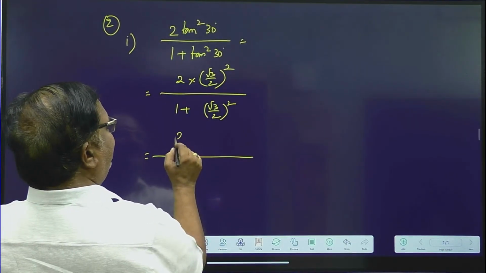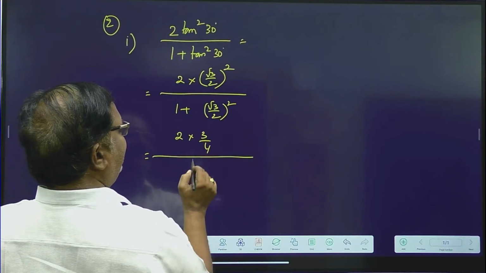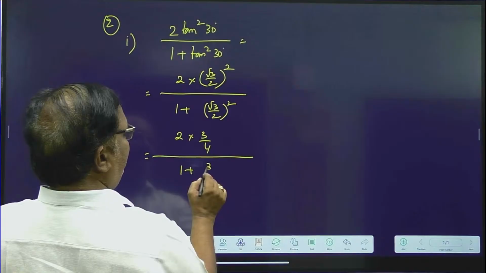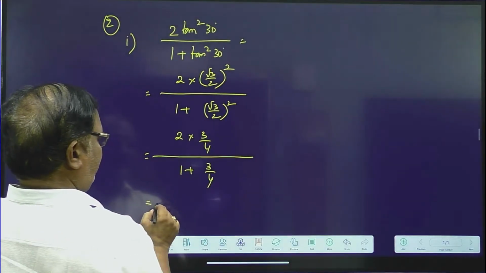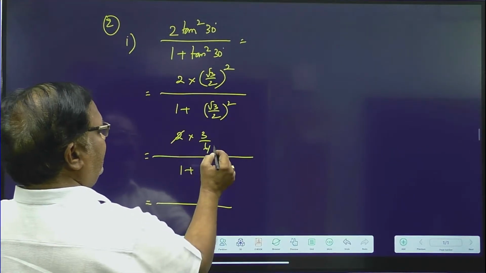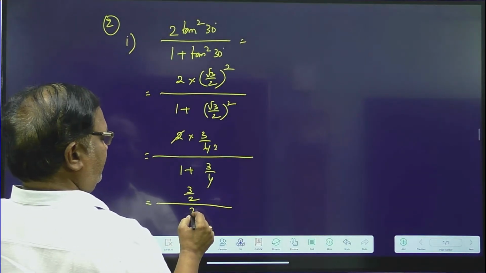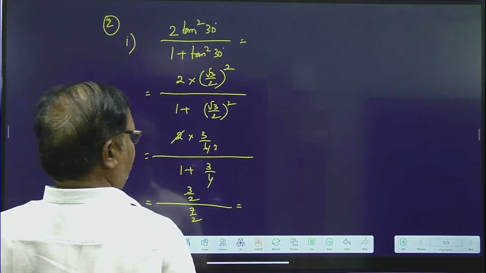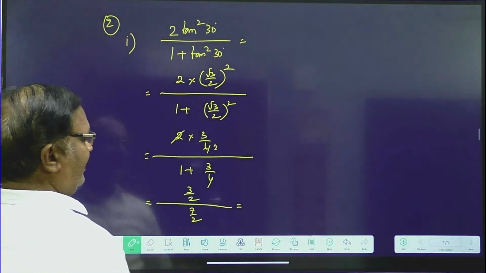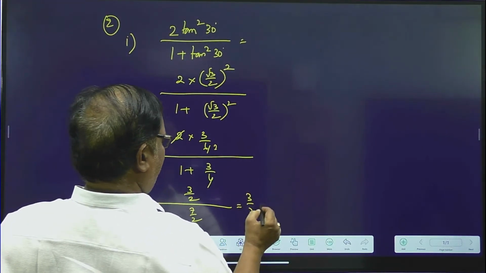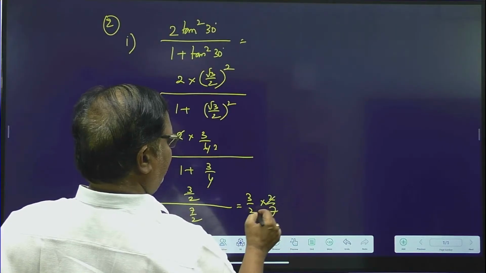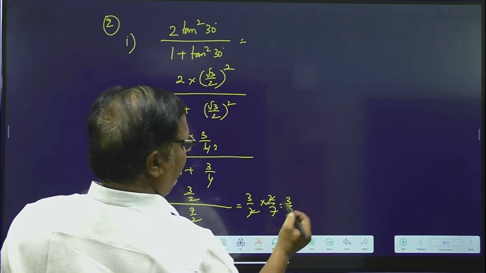Okay, so be careful, 1 plus 3 by 4. So cancel 2, it is 3 by 2. 4 1s are 4 plus 3, 7 by 2, which is equal to 3 by 2 into 2 by 7, 2 cancels, 3 upon 7.